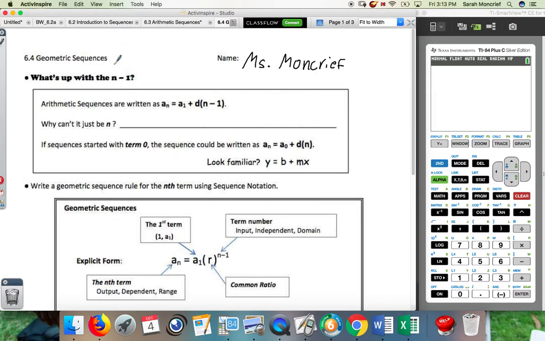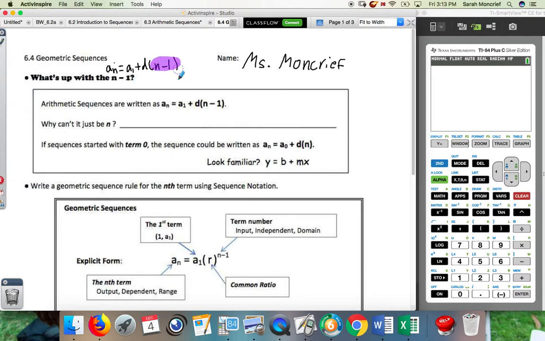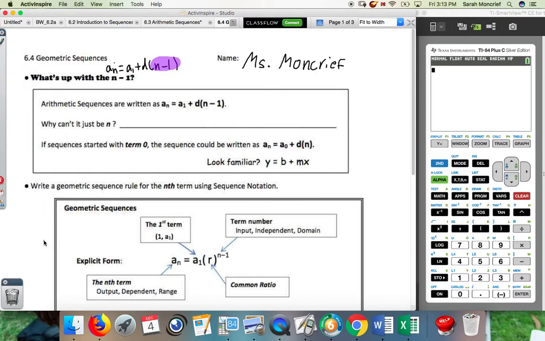We all remember the equation for an arithmetic sequence: a sub n is equal to a sub 1 plus d times n minus 1. Well, we want to talk about this n minus 1. What is it? Who is she? She's mysterious. Why is it n minus 1? Why can't it just be n?